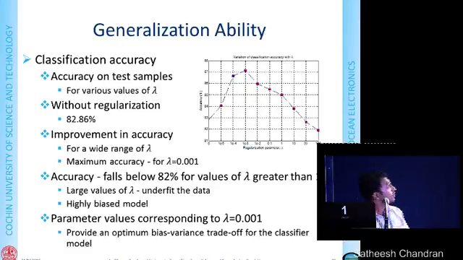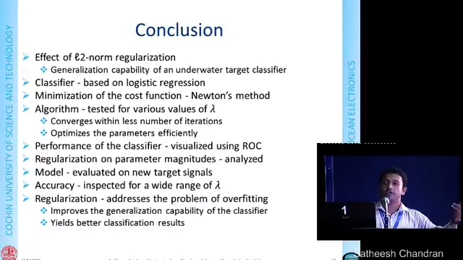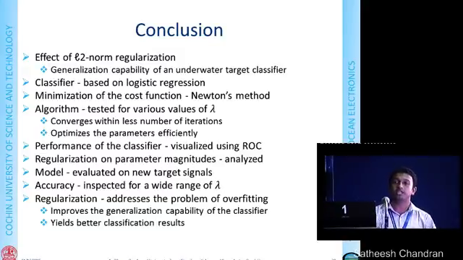Now, getting into the conclusion, the effect of L2 regularization on the generalization capability of a data classifier has been analyzed. A classifier based on logistic regression has been chosen for the purpose, and the cost function has been minimized using Newton's method. The algorithm has been tested for various values of lambda, and it has been seen that it converges within a small number of iterations, optimizing the parameters efficiently.